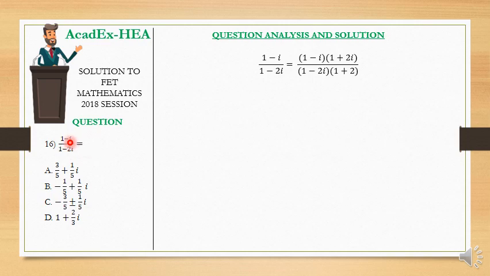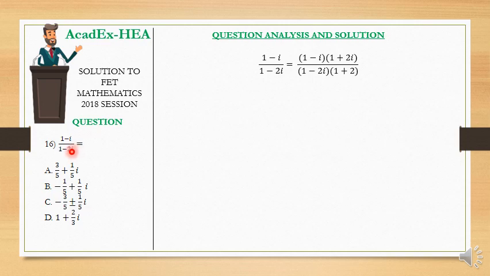Given this complex number 1 minus 2I, 1 is the real part of the complex number, and negative 2 is the imaginary part. Negative 2I, yes, and the I that's attached to it is imaginary.